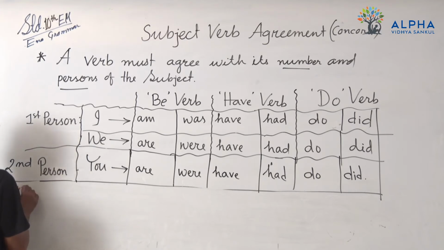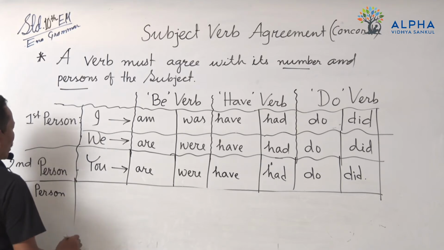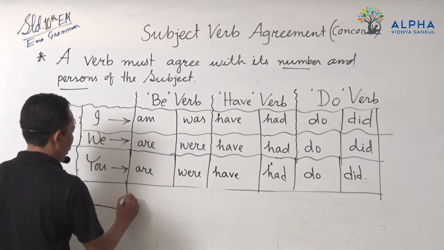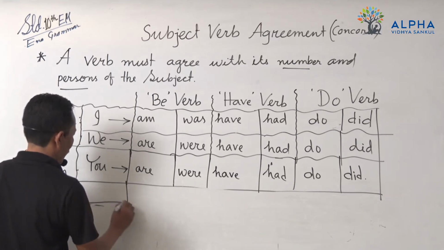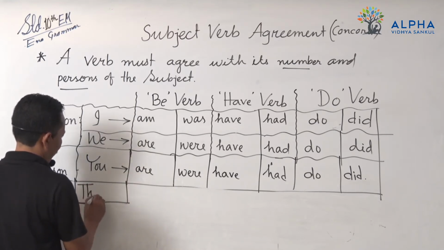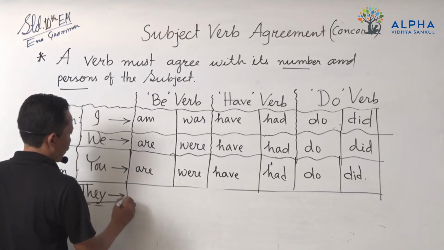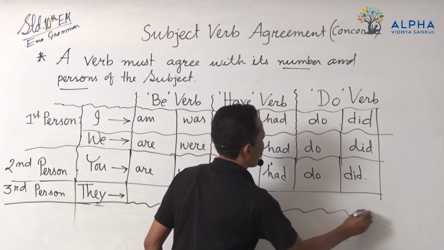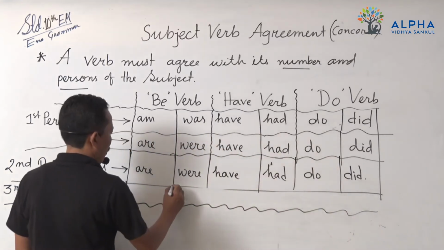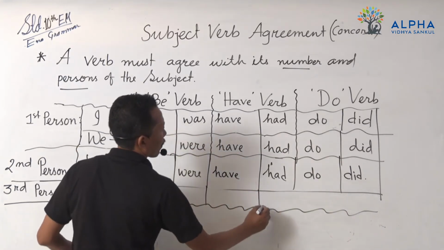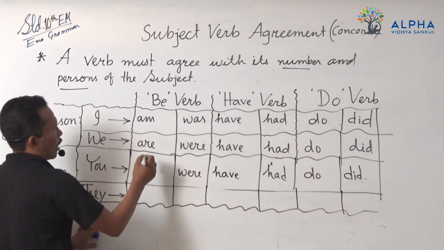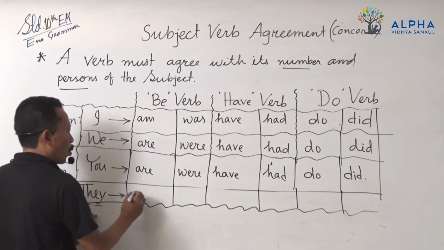Third person. So let me take this third person, only one. They. Now you see "they," for the present, only "are."